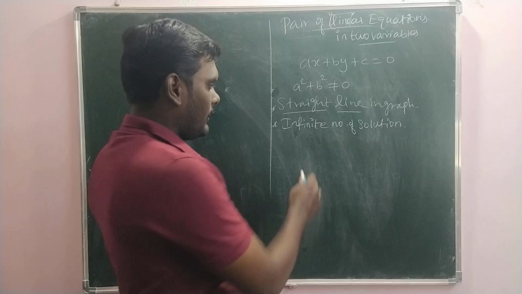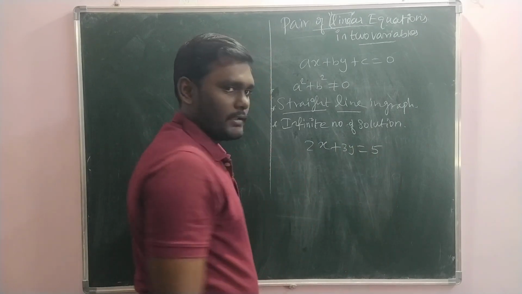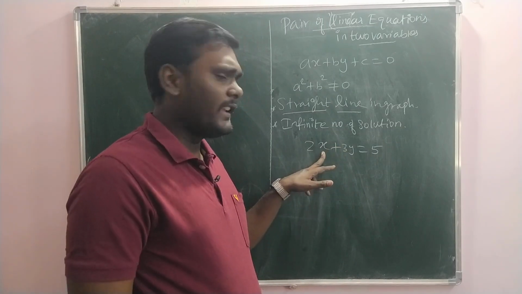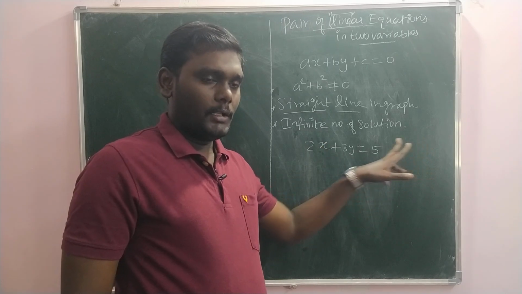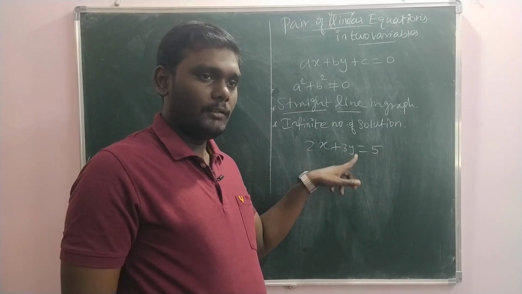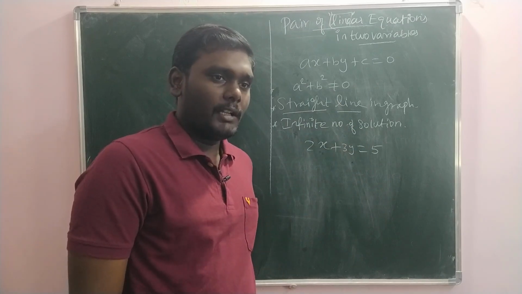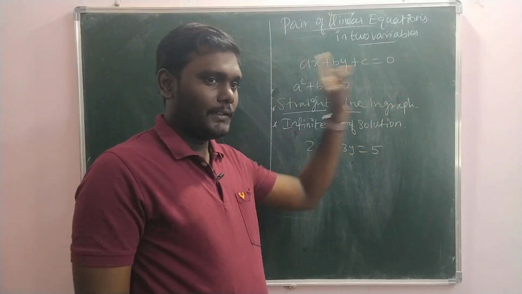Remember, we have seen like 2x + 3y = 5. This kind of equation has various number of solutions. If you replace x as 1, we will get the corresponding y value. If we replace y as 1, we get the corresponding x value. As many values we replace, that many values we get. Infinitely many solutions we may get. That is how this straight line works, and then this equation works.